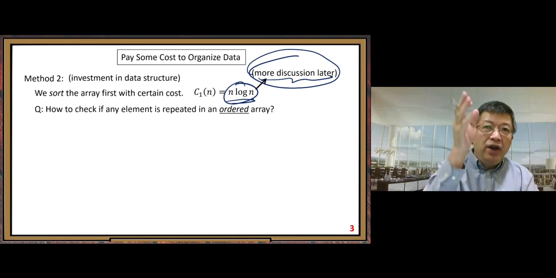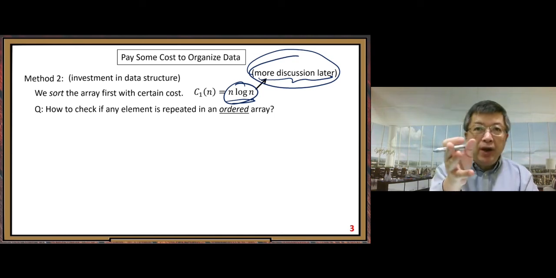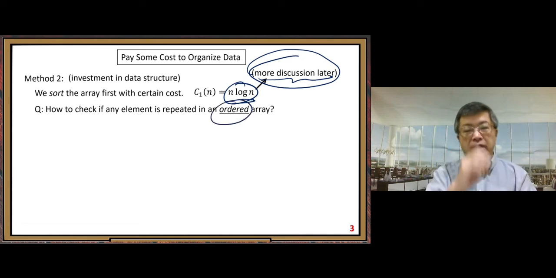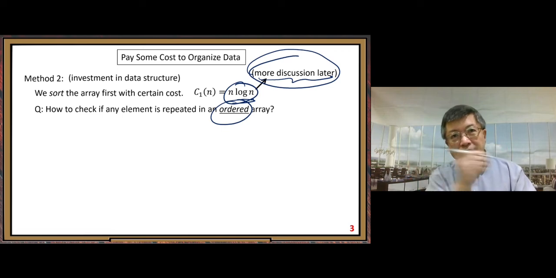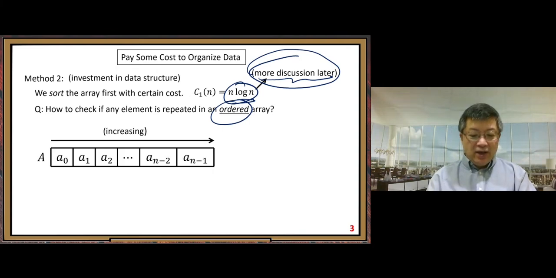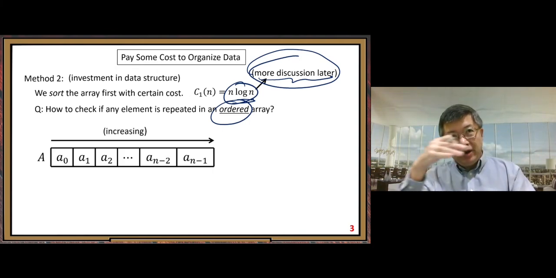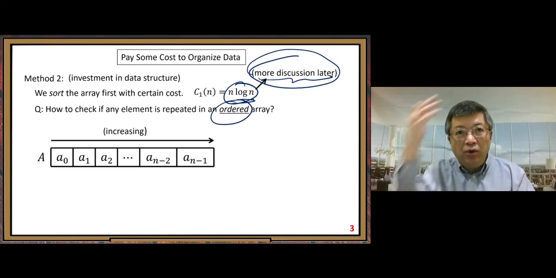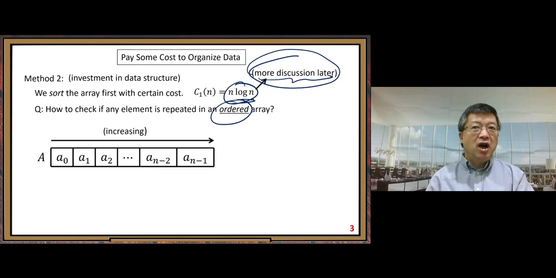how to check if any element is repeated in an ordered array. This time we have an ordered array. Now, when we check the uniqueness property, it is much easier. We can assume the array elements are arranged in increasing order. This time, we just make a simple observation.